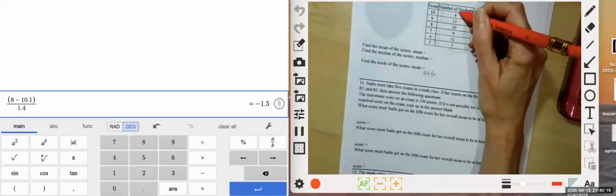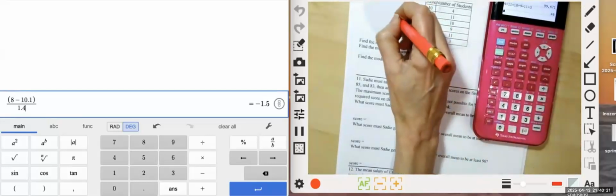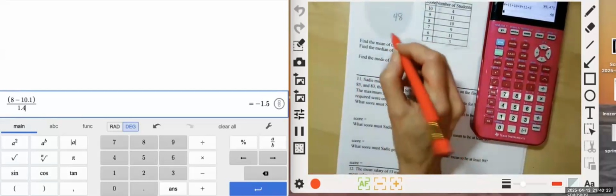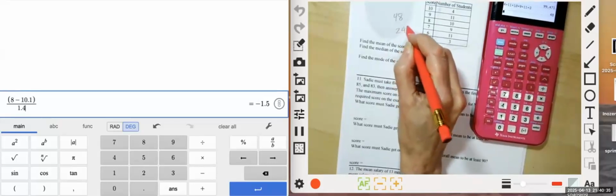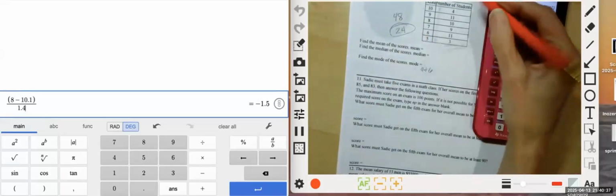So find, add these all together and divide by 2. 4 plus 11 plus 10 plus 9 plus 11 plus 3. So there are 48 numbers, so that means we want to find where that 24th one is, and you just kind of keep adding.